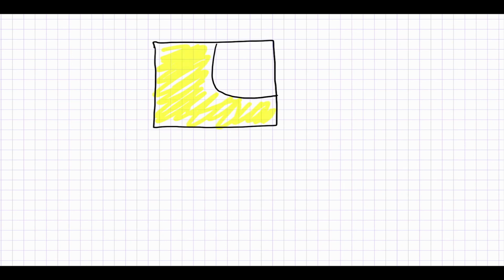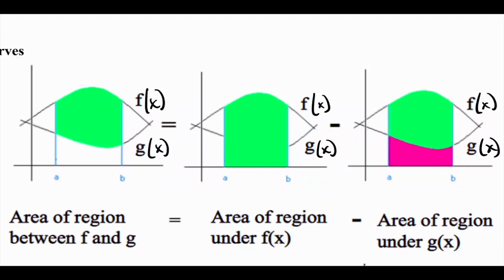What do you do? You find the area of the whole, then you find the area of the piece, and then you subtract them. You guys have been doing that for a while.